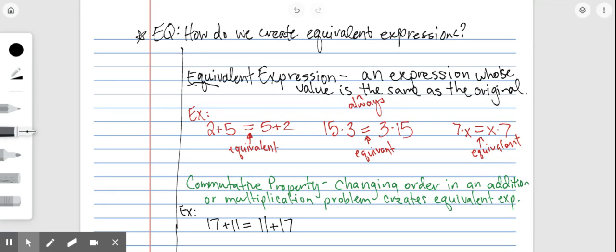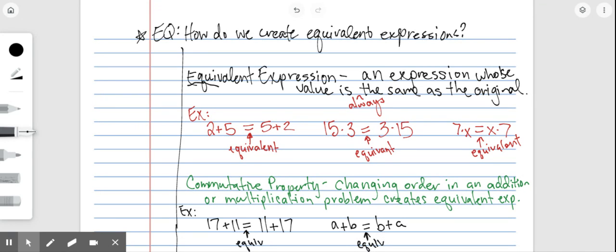So I know that they're equivalent. Likewise, if I have variables, I could do a plus b equals b plus a, because no matter what I plug in for a and b, as long as it's the same on both sides, I'll still get the same answer. I'm going to have them equal or equivalent.